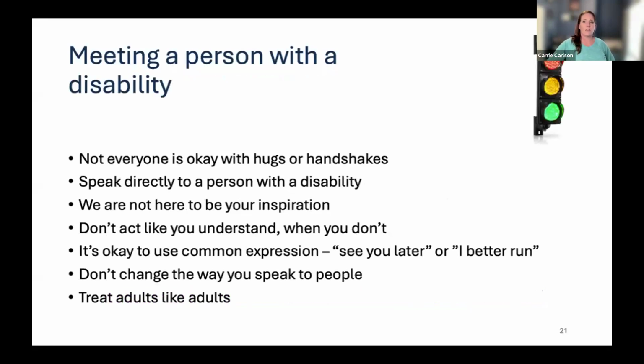And I'm going to explain this picture a little bit more in a few minutes, but on the upper right, it has a stoplight. So there's a red dot in the top, a yellow one in the middle, and then a green one on the bottom. And it says not everybody is okay with hugs or handshakes. Speak directly to a person with a disability.